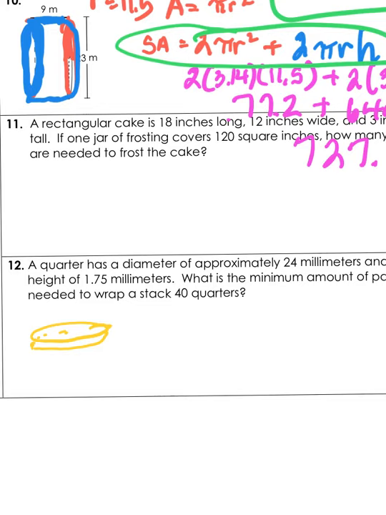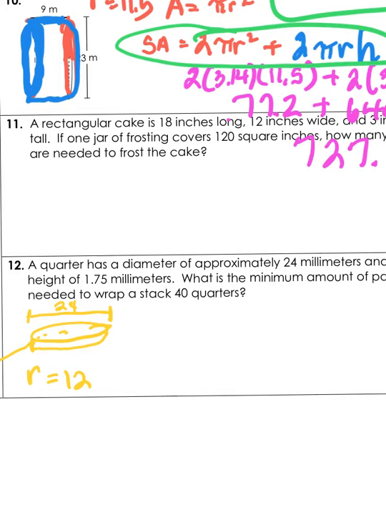Okay, so our height is 1.75, and the diameter all the way across is 24. They say approximately. We're going with yes. So then our radius is half of 24, which gives us 12.